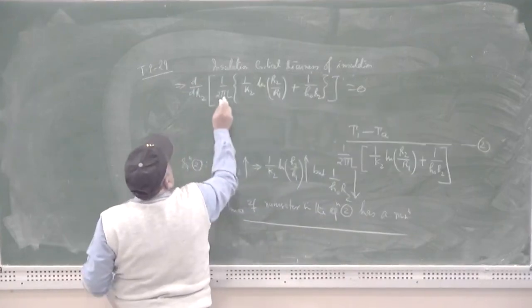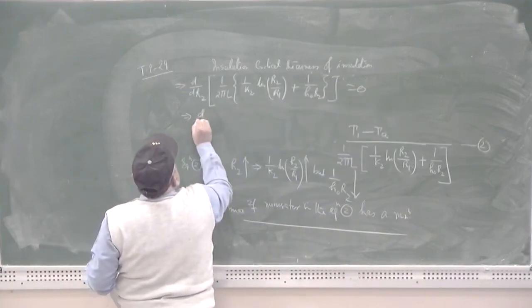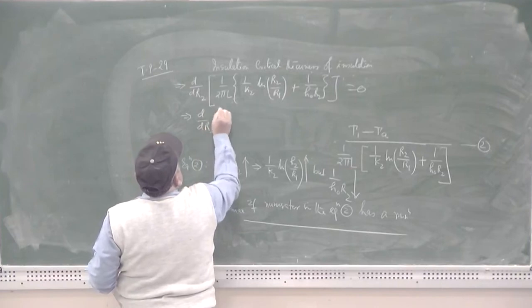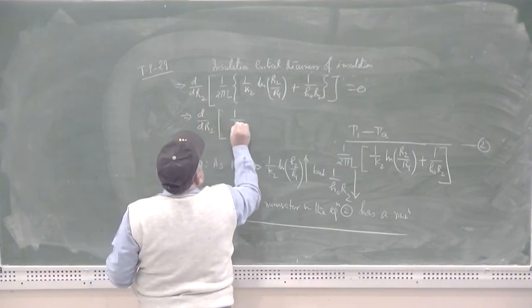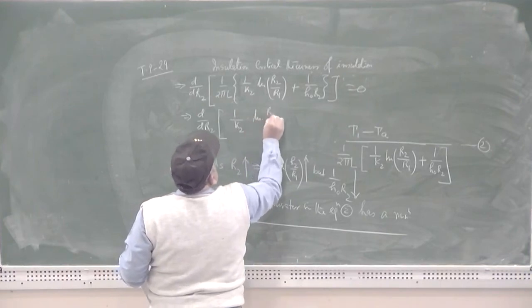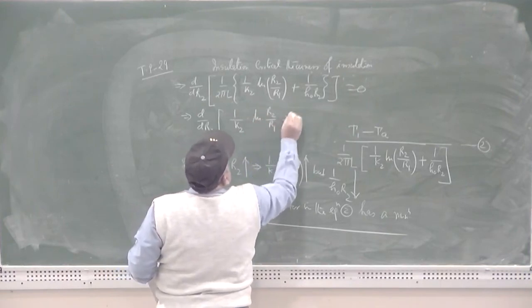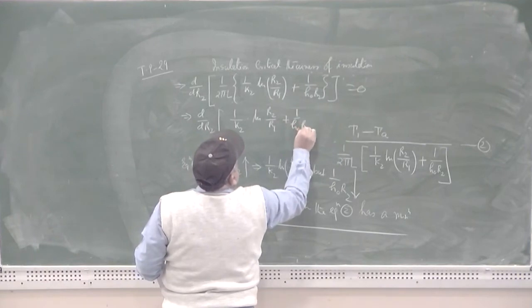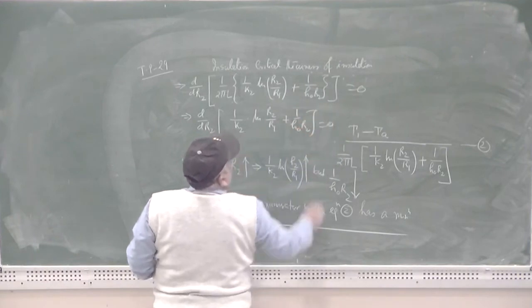Keeping 1 by 2 pi L as a constant quantity, we can write d upon dR2 of 1 upon K2 ln R2 by R1 plus 1 upon h0 R2 equal to 0.